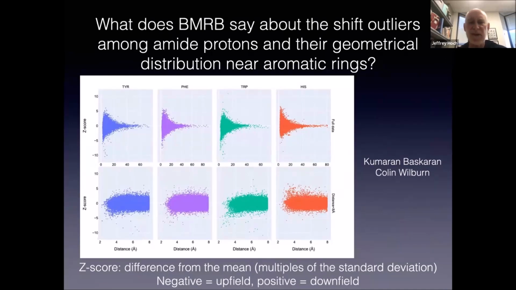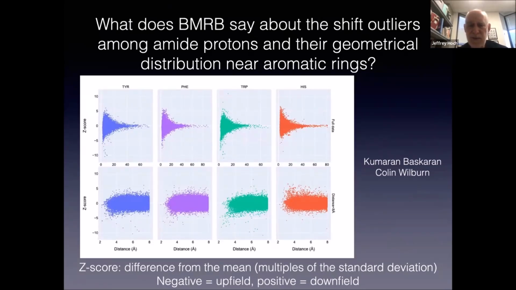So the first thing you notice, of course, is that there's this relatively strong correlation that the larger deviations, that is the larger magnitude z-scores, do indeed correlate with proximity to a nearby aromatic ring. The bottom row is just a zoom in on the early part, the short distance information, and we can get a little bit better look at the distribution of those deviations.